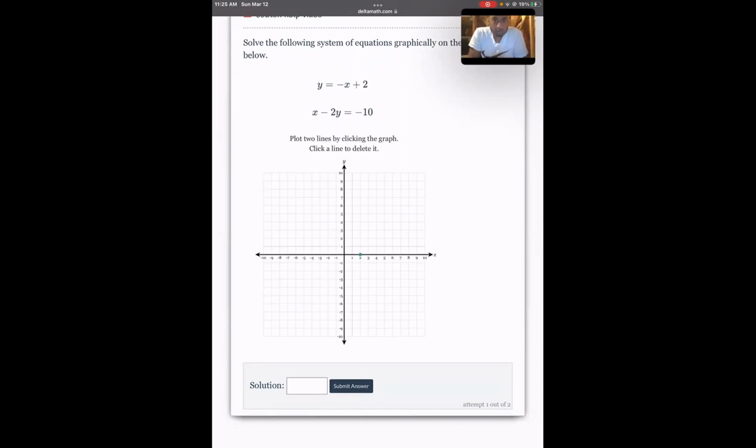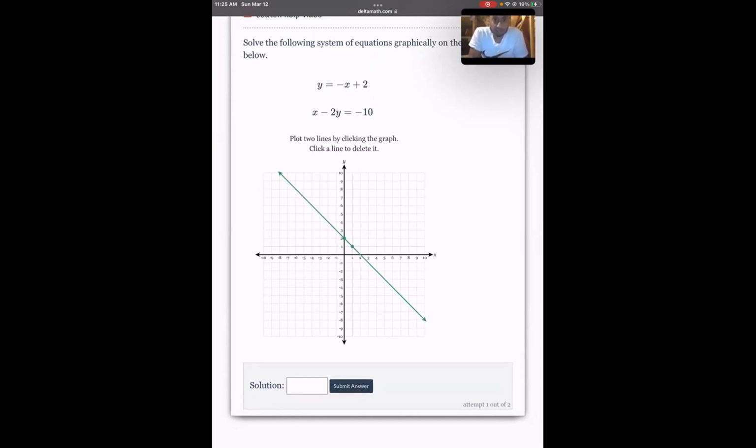Oops, that's 2 comma 0. It should be 0 comma 2, on the y-axis. Okay, there's your first dot. Now we know the slope is -1, so we go down 1 and to the right 1. So draw the second dot at 1, 1. There you go. That's the first line.